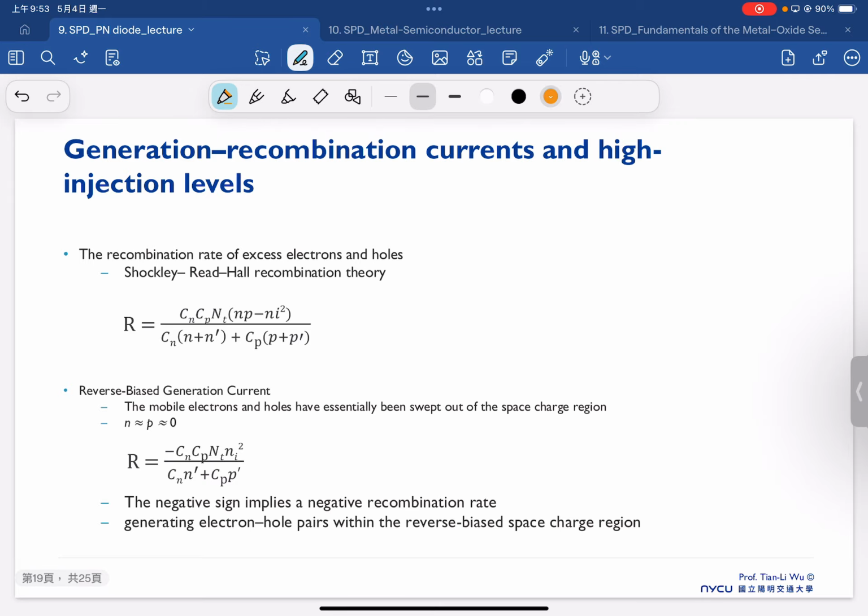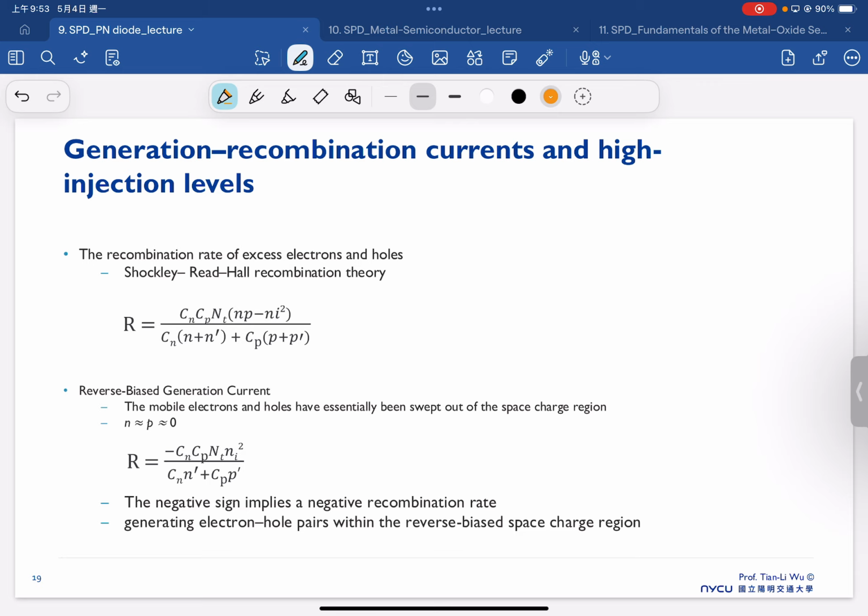Okay, so we have some additional concepts we will discuss here. One is the generation-recombination current, and the high injection level. Because right now in the previous parts, we all talked about the ideal case.